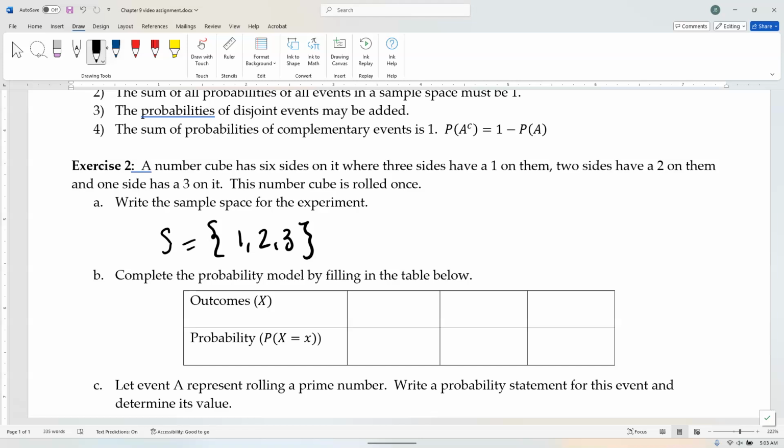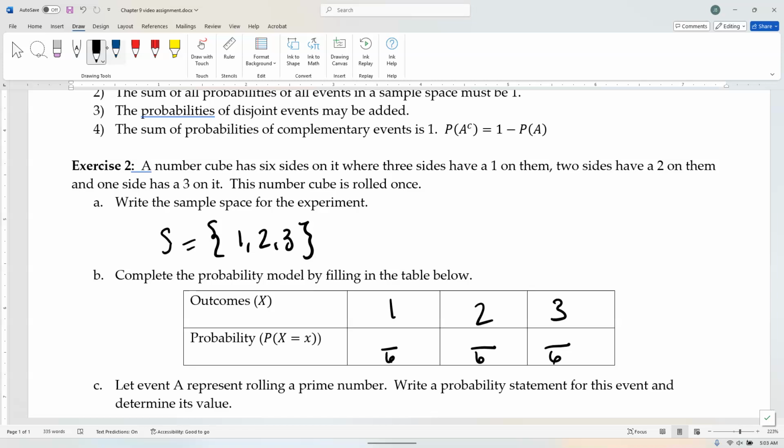Okay, so just what are the outcomes of the experiment, or this random thing that we're doing? Okay, so our outcomes are 1, 2, and 3. And what's the chance of getting those? What's the probability, right? So each of these is going to be a fraction, and there are 6 total sides. So our denominator is the total number of possible outcomes, right?